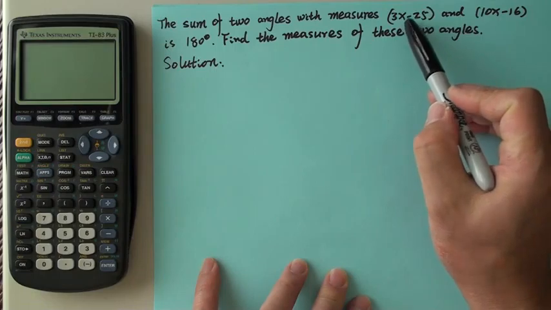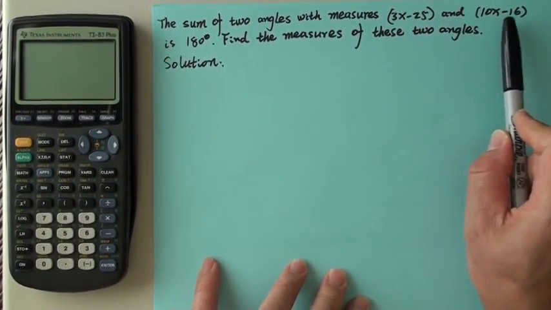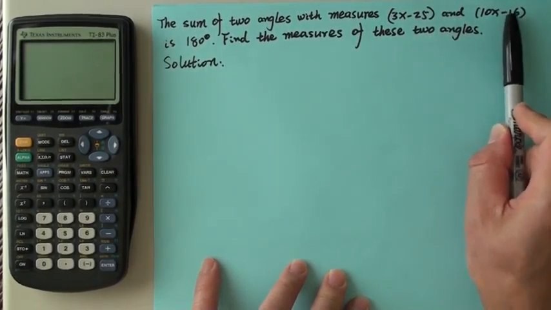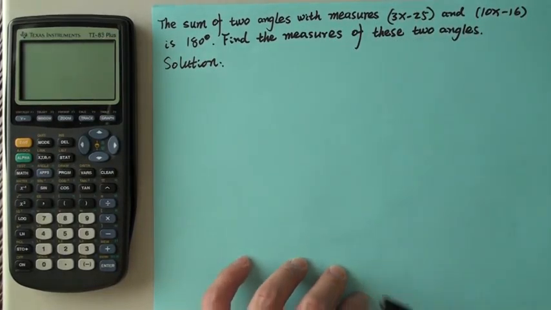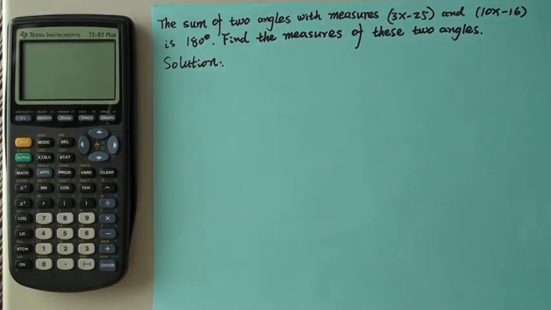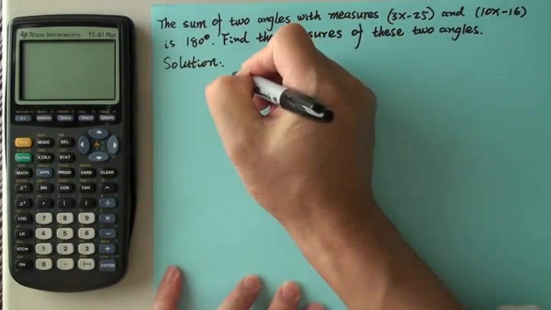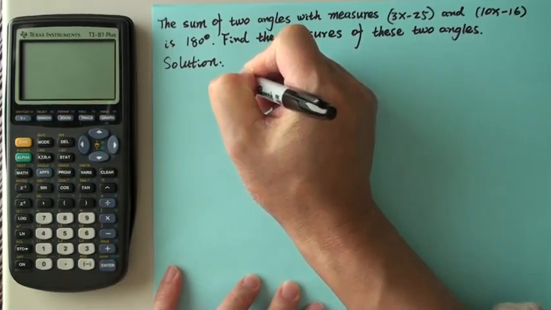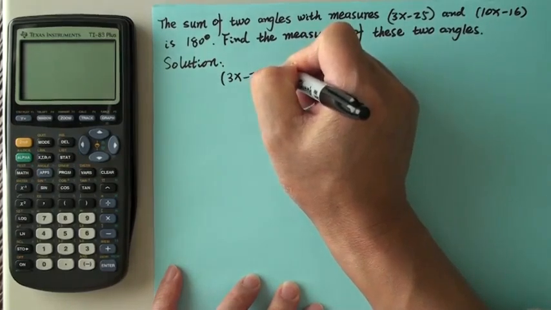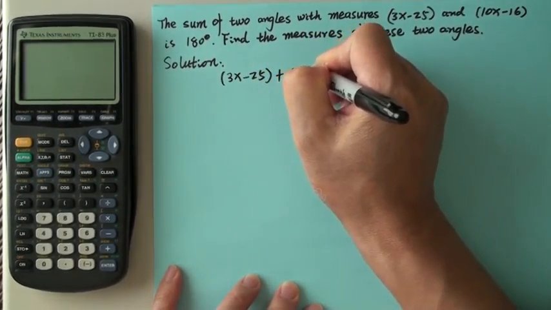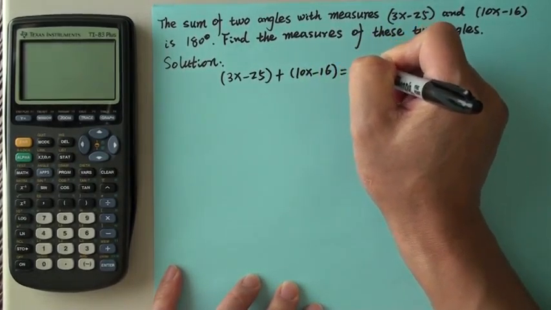That means this angle is the supplement of this one, or this one is the supplement of this one. We want to find the measures of these two angles. We know together they are 180 degrees, so we do 3x minus 25, this angle, plus 10x minus 16, equals 180 degrees.